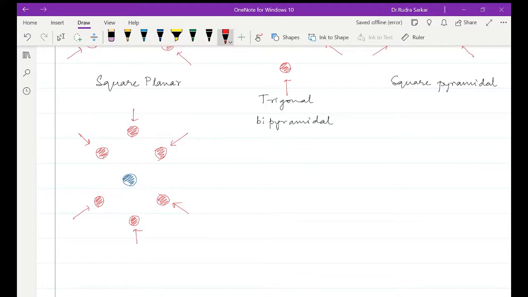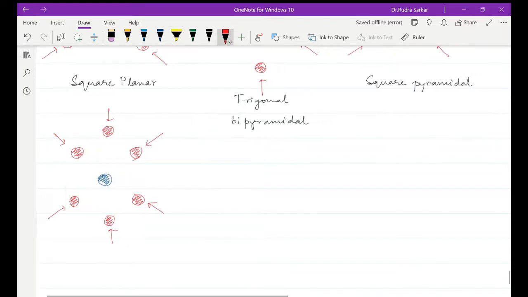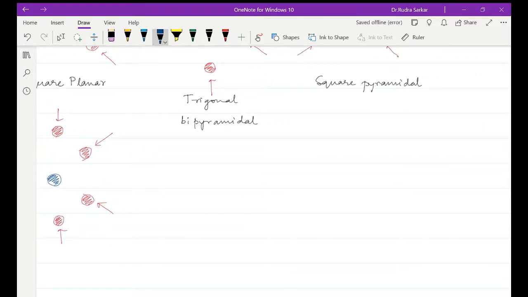Okay, so these are the possible ways it may come, or one can also say that it may come along the vertices of a hexagon.